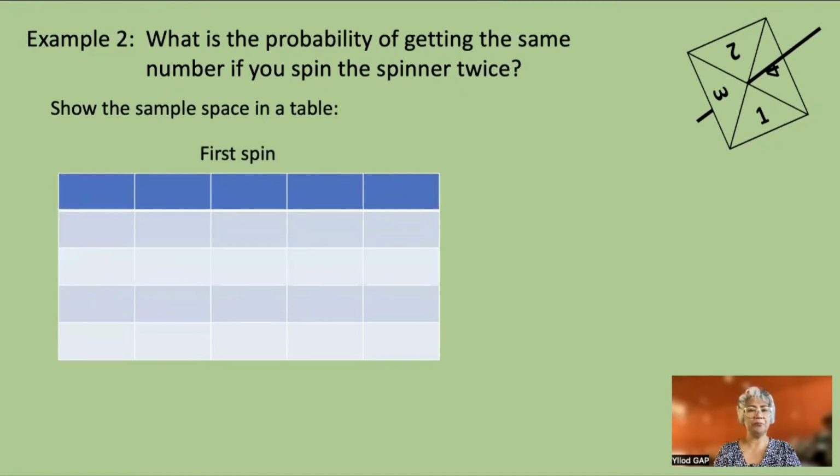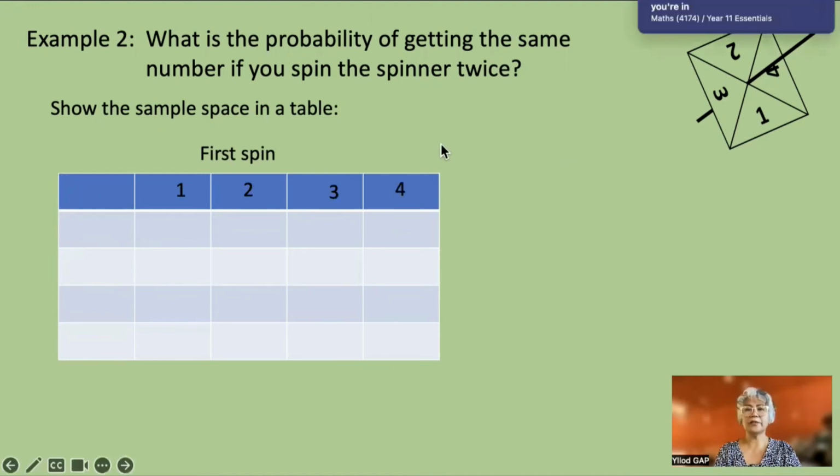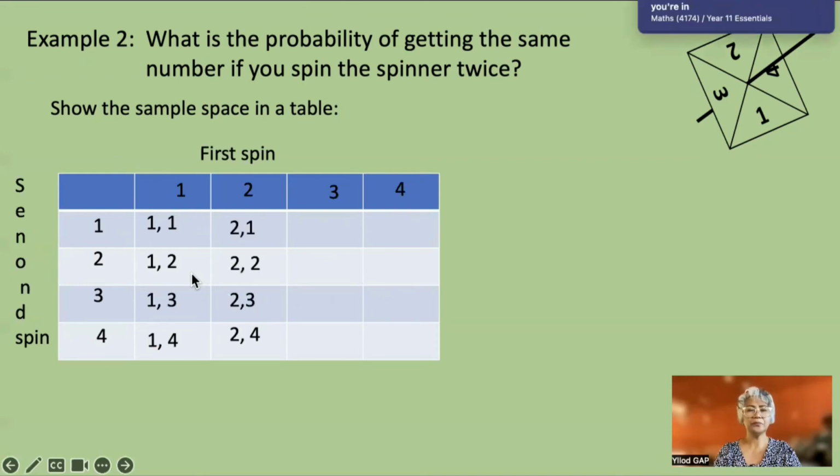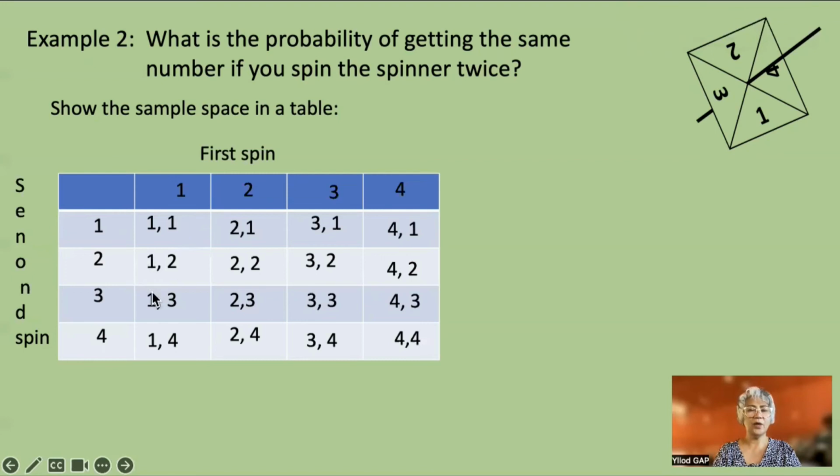First spin, we have 1, 2, 3, 4 possible outcomes, and second spin, 1, 2, 3, 4. So if we get 1 on the first spin and we have 1 on the second spin, then we have a 1-1 result. So 1 on the first and 2 on the second, we have a 1 and a 2, and so on. All right, so we now have completed the sample space.